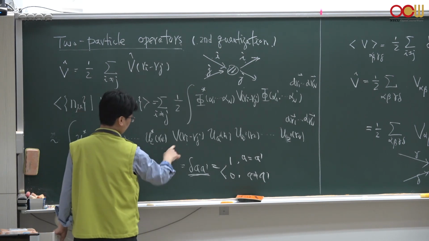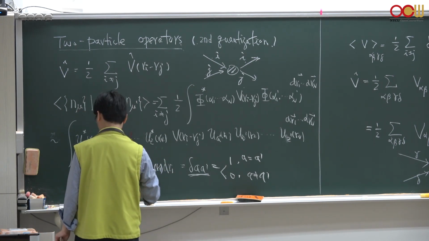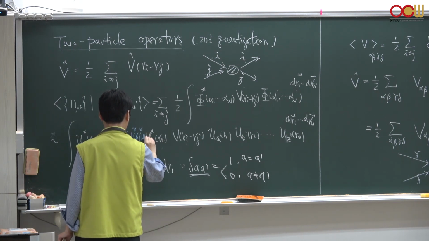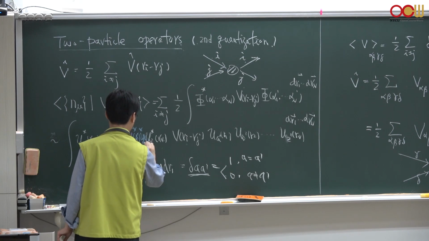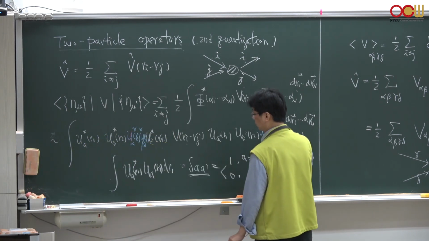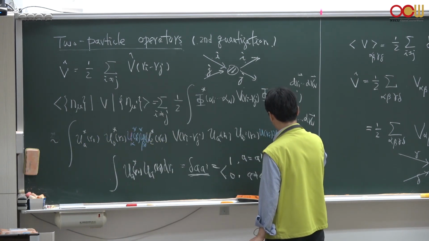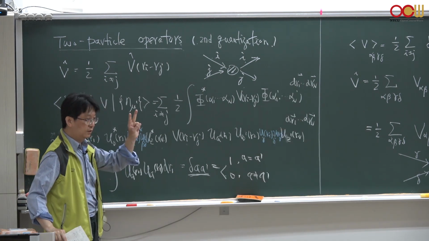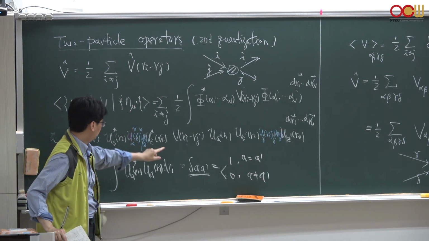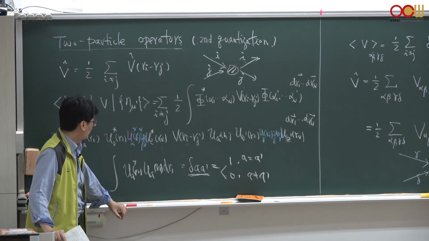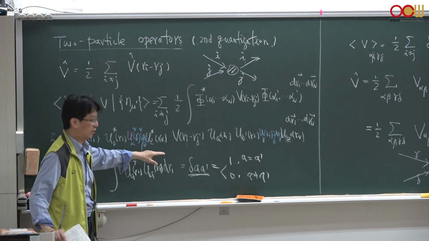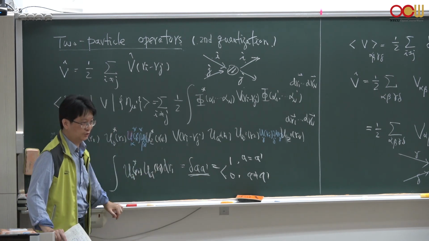And so you can see very clearly that there are only four states that depend on the interaction. These are the four states: U(R_i) and U(R_j) with alpha, beta, and U(R_i) and U(R_j) with gamma, delta. So there are only two sites that connect to the interaction, and all the other single-particle wave functions don't get involved in this potential.